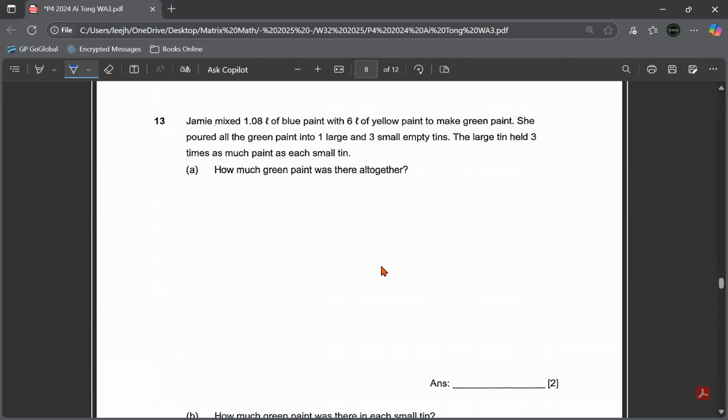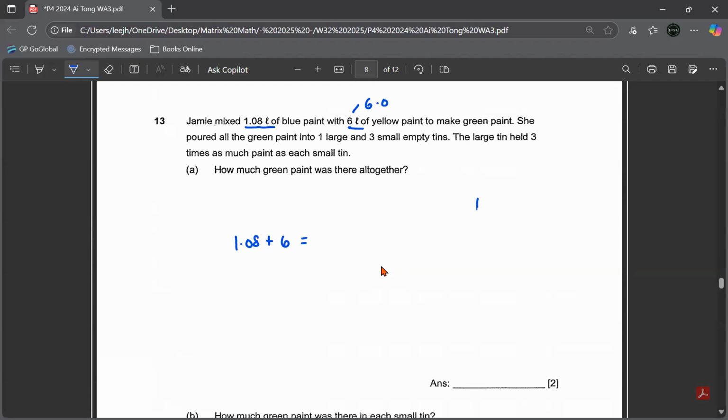So very simple. What is the amount of paint that you put together to make green? It is the blue and the yellow. So in order to find the green paint, you just add 1.08 plus 6 liter. 6 liter is 6.0. Please remember, not 6 as in just 6 here.